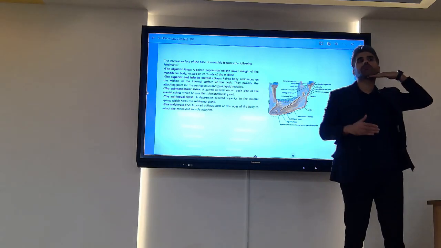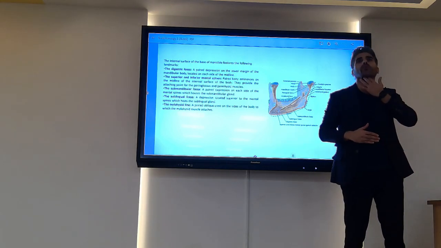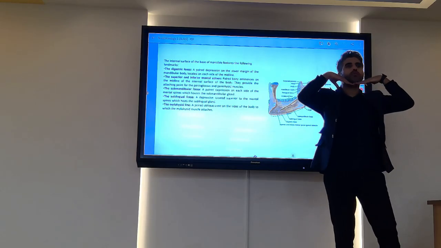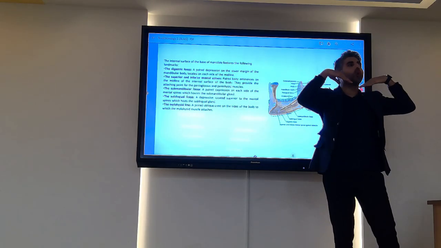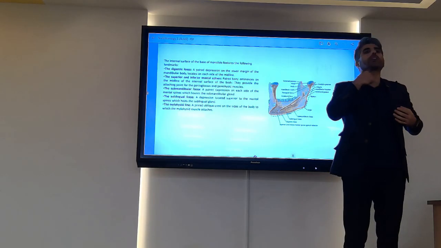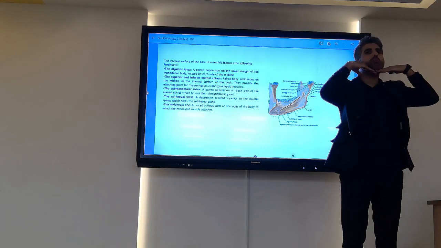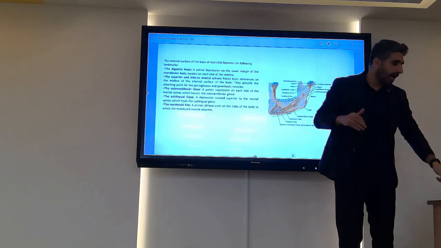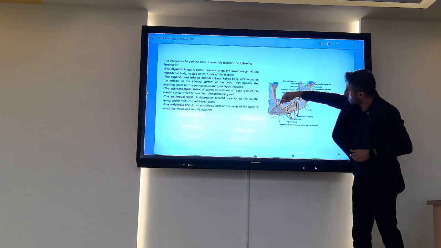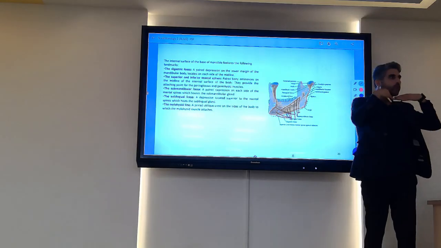Floor of the mouth, the oral cavity. We have one muscle like this, one right, one left, attached together. Mylo refers to the mandible, hyoid attaches to the hyoid bone. Mylohyoid muscle is here, floor of the mouth, and starts from this line.